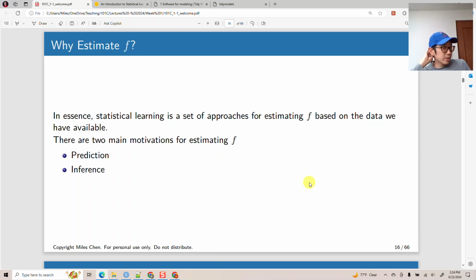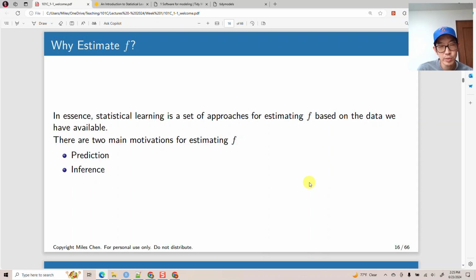So why do we bother trying to estimate this relationship f? In essence, this whole concept of statistical learning, machine learning, is how we are going to try to estimate this function.